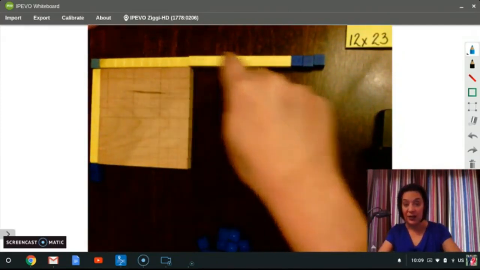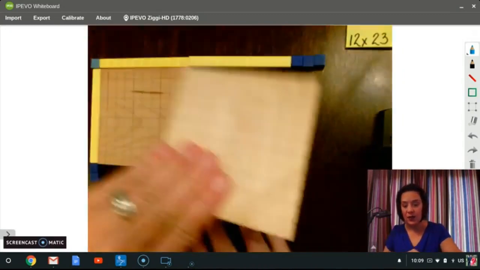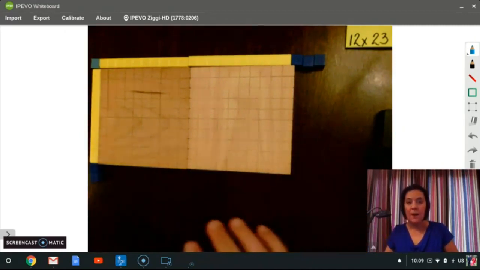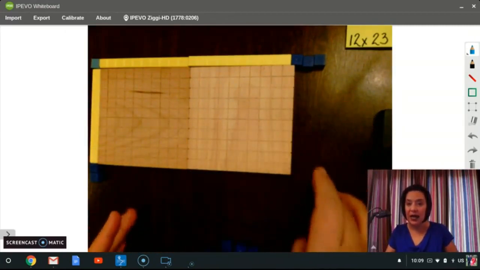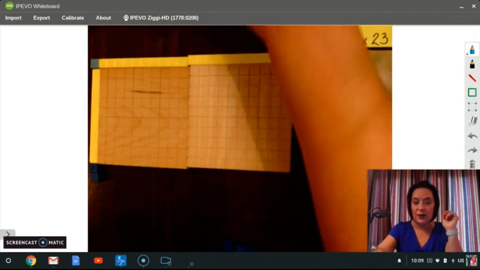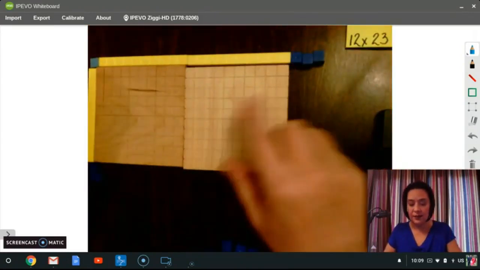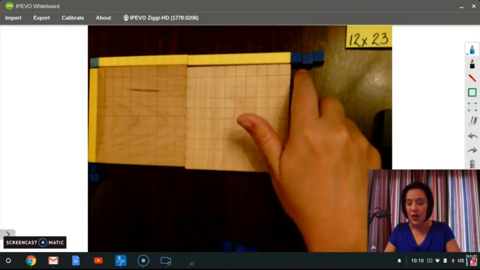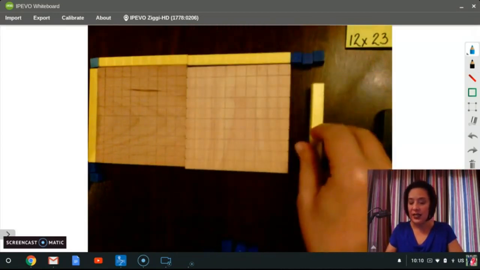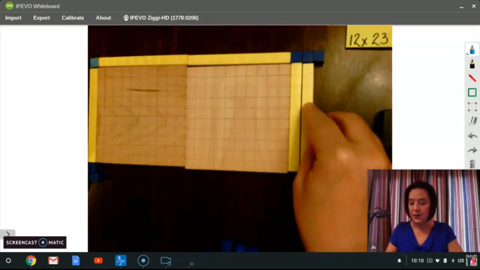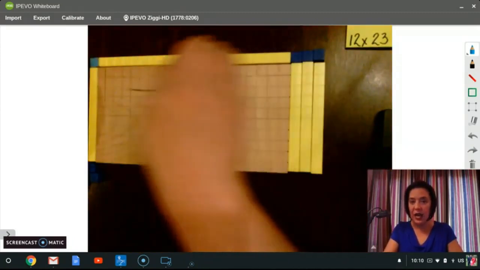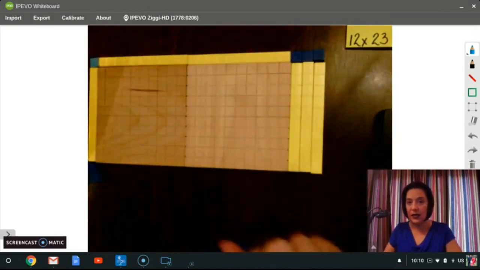I know I have another 10 by 10, so I'm going to put a second flat in there. My job at this point is to fill in my area to have a complete area without bumping them. Okay, so I have 3 ones here on this edge, but I have 3 and 10 going down my side. So I can take 3 of my rods, and so now I have accounted for this top, this 23 here.